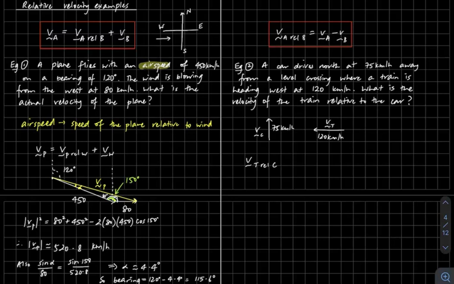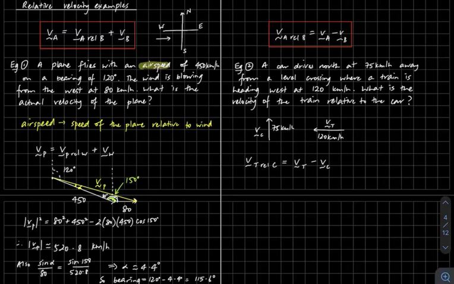So in other words, we're saying it would be the same as the velocity of the train if the car was still. What would be the same as this situation? So using our formula there, it's going to be the velocity of the train minus the velocity of the car.